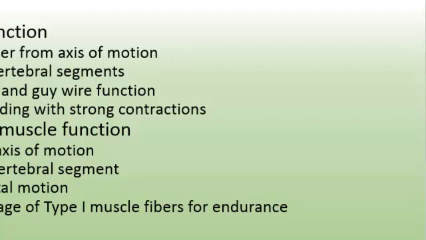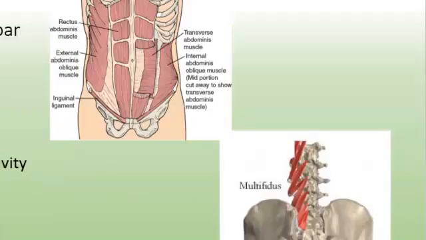The deeper segmental muscle functions are very close to the axis of motion. They attach to each vertebral segment. Some of them may go to two different segments, but they do attach more locally. They control segmental motion. They also have a greater percentage of type 1 muscle fibers for endurance and not as much type 2 muscle fibers.